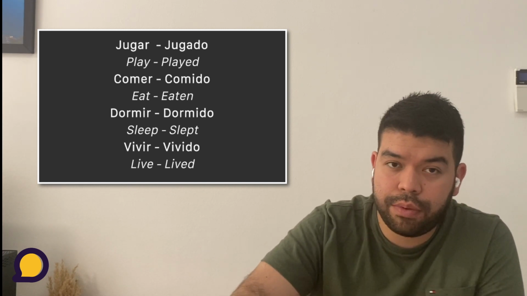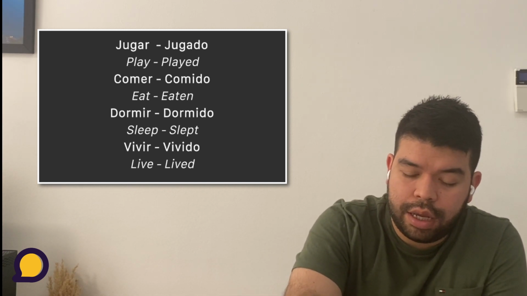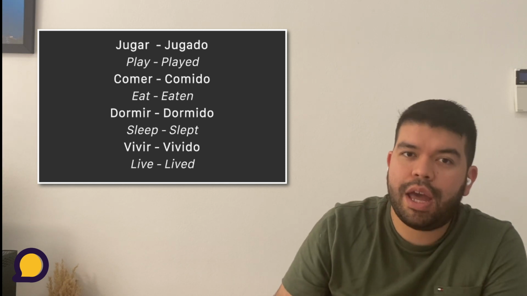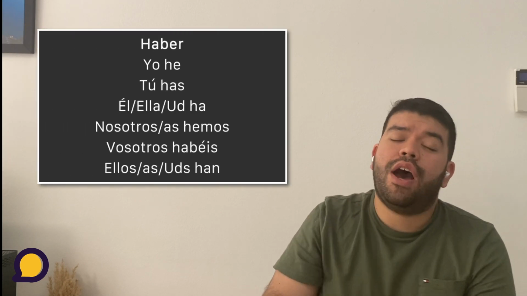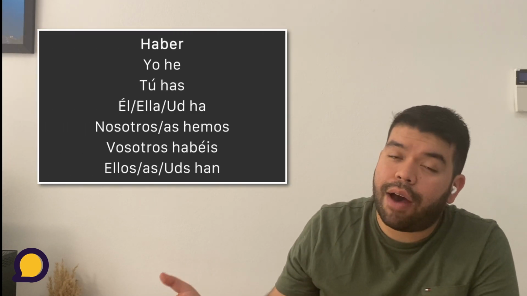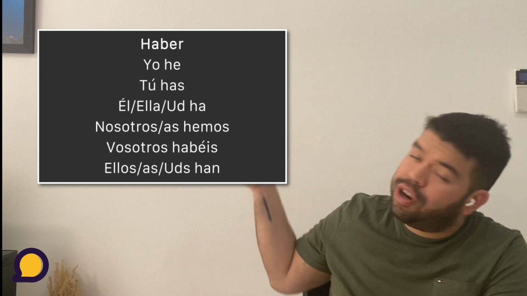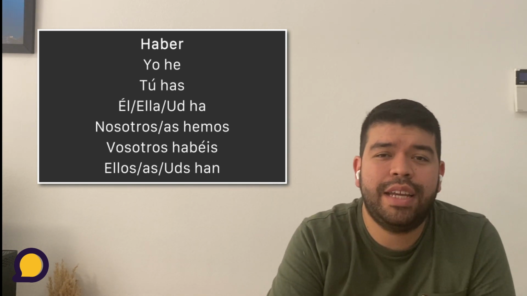They don't change with the pronoun, okay? It doesn't matter what pronoun you have in the sentence. It's always going to be the same participle of the verb, okay? What is going to change is the conjugation of the verb haber. You can take a look at it right here, okay?